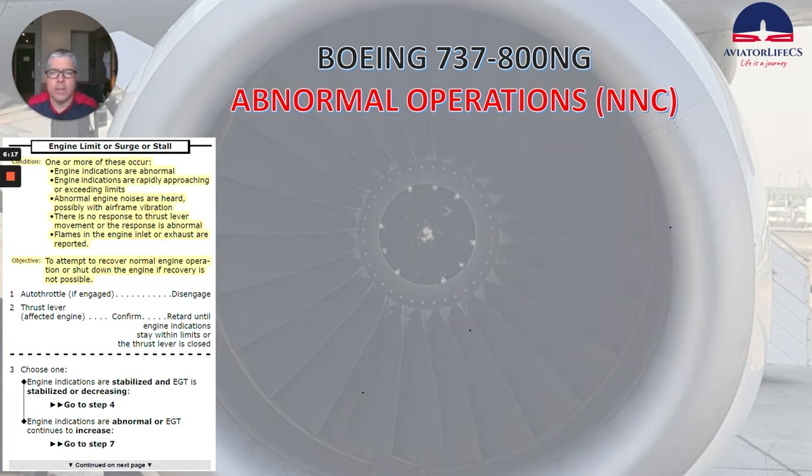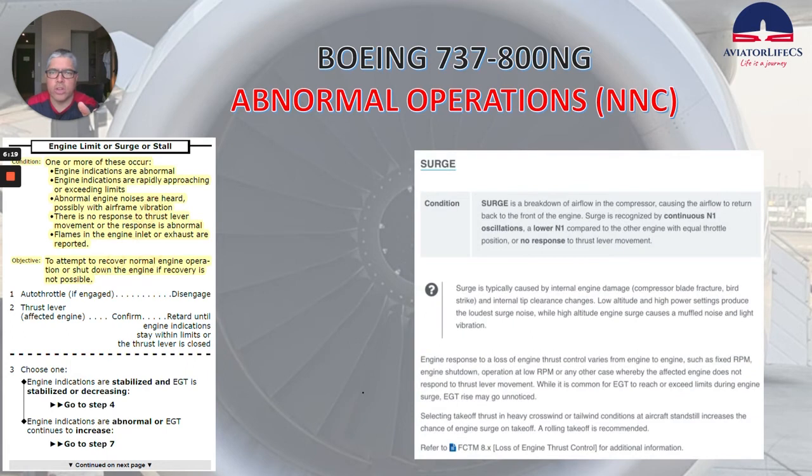And now let's talk about surge. Surge is a breakdown of airflow in the compressor, causing the airflow to return back to the front of the engine. Surge is recognized by continuous N1 oscillations, lower N1 compared to the other engine with equal throttle position, or no response to thrust lever movement.